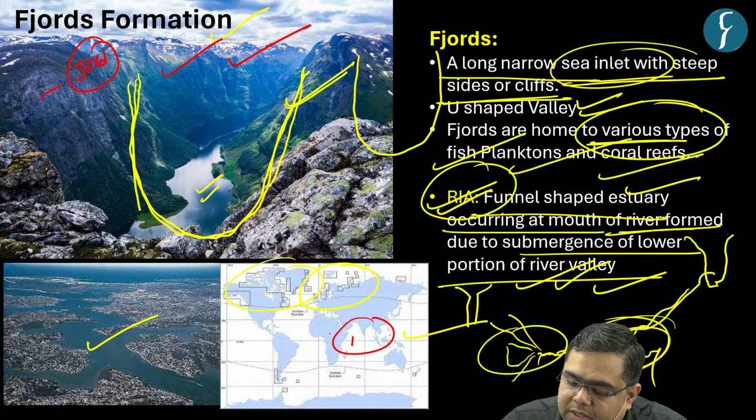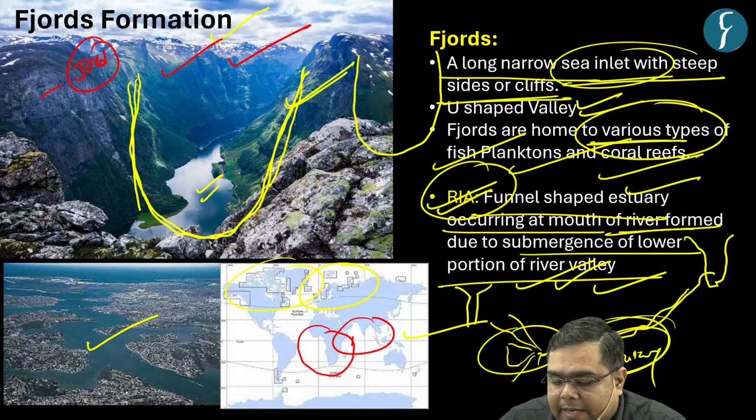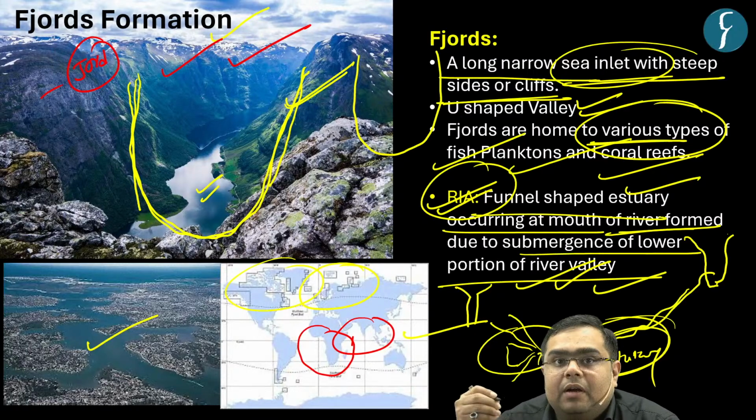Can we see fjords in Africa? No, we do not see fjords in Africa. Can we see fjords in southern Europe or the Mediterranean Sea? No, we do not see fjords in the Mediterranean or south-eastern Europe. So why is it so? Have you ever wondered why fjords are located at certain places, right?